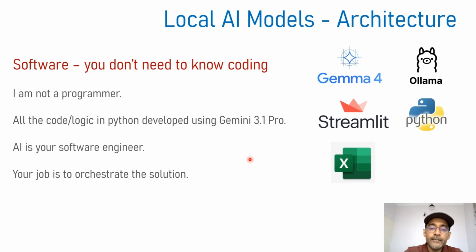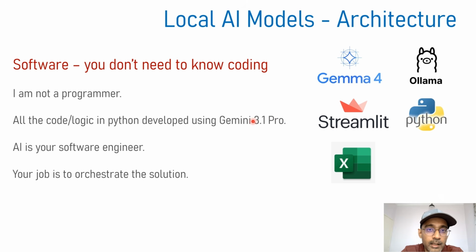So for this, when you're developing the logic and all that, you probably need a good AI model. This is where I relied on a cloud AI model, which is Google Gemini 3.1 Pro, which was a very good model at one point, but now you can say it's average, because there are lots of good models now.